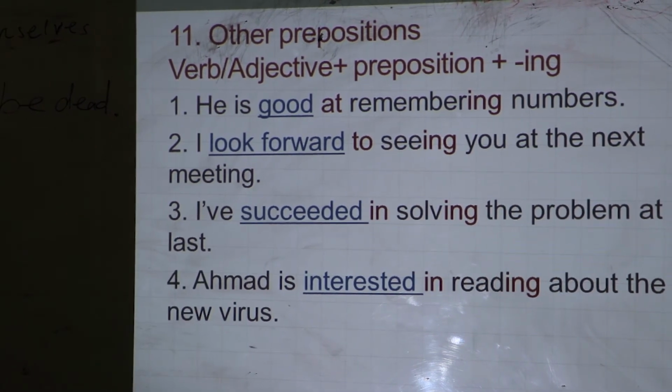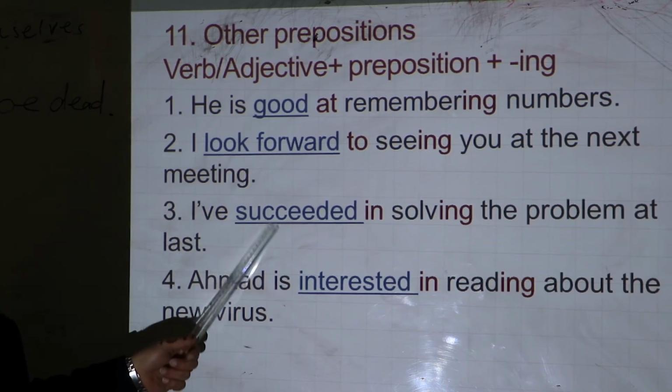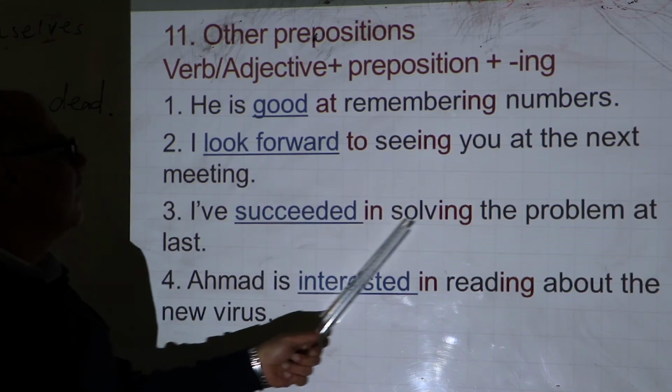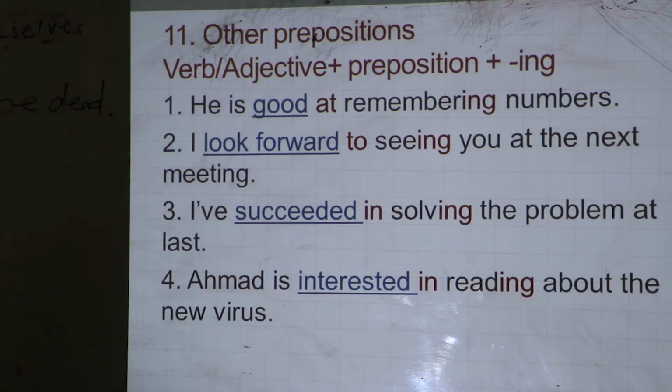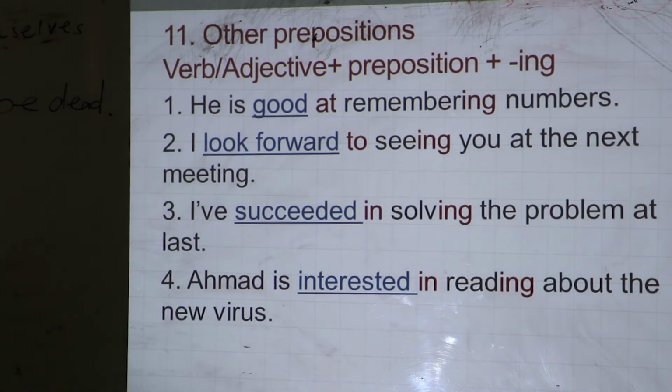Number three, I've succeeded in solving the problem at last. The verb is succeeded, and it's followed by in and the ing form, solving. And number four, Ahmed is interested in reading about the new virus. Interested here is an adjective. It is followed by a preposition and ing form.